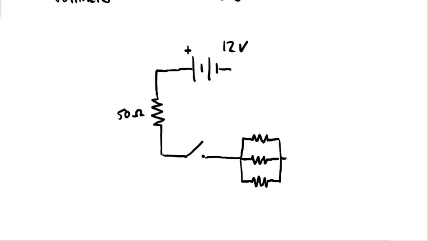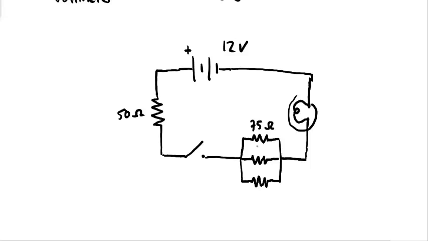It doesn't have to be this way, but again, it makes life much easier if we do that. So here, I've labeled everything, and that's an example of a circuit diagram.